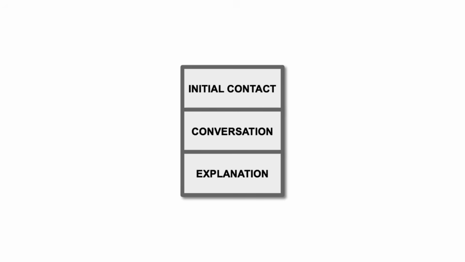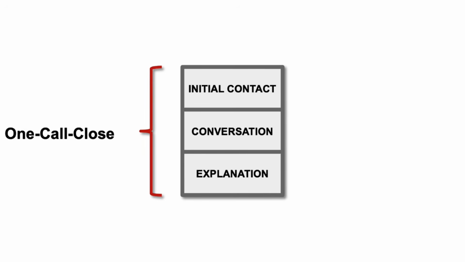Based on what you've learned about them, they actually fit with the product or service that you sell. And then you present to them 3 of the different packages that you have to offer. You've just progressed to the explanation step. What you've done there is you've gone through each of these sales process steps in one complete interaction, and we would refer to that as a one-call close, and that includes all of these steps in the same call.